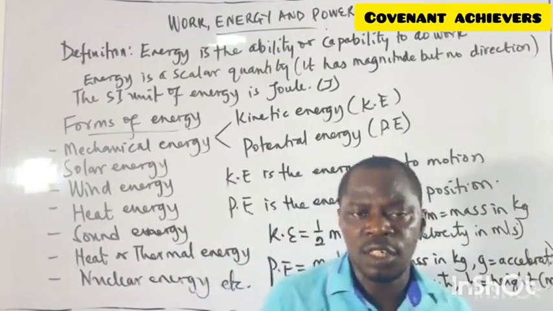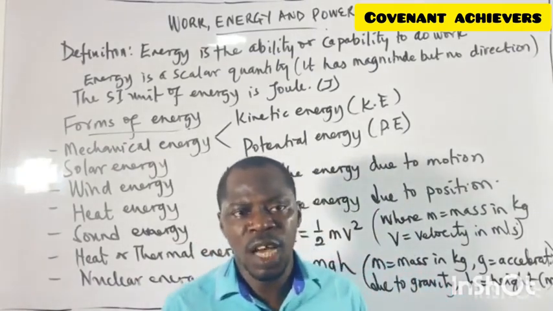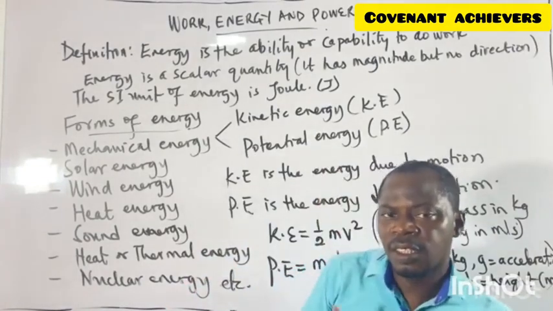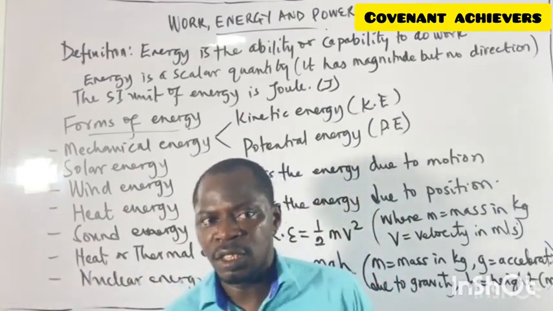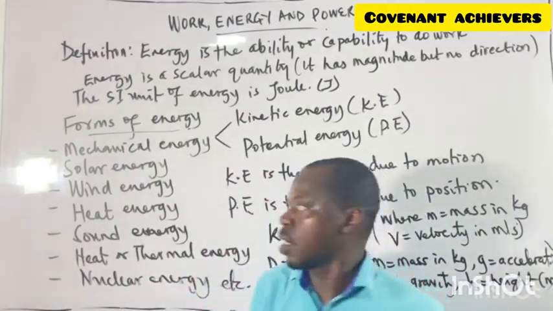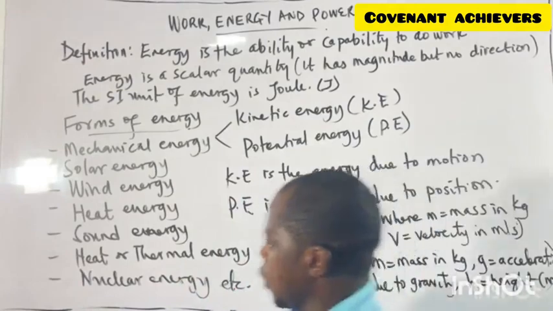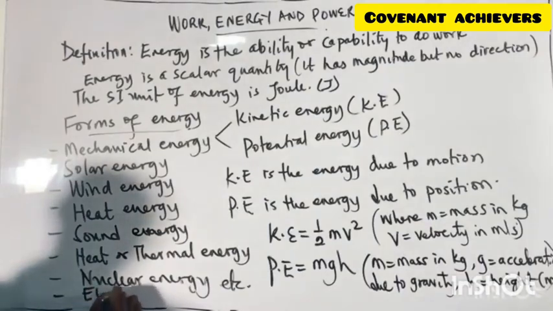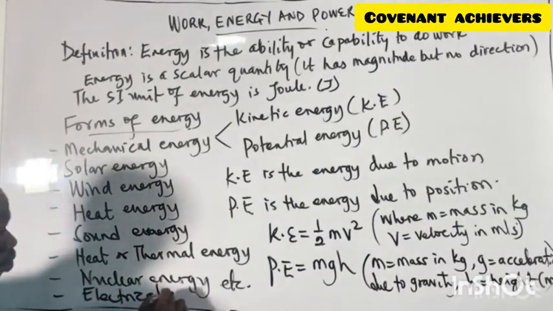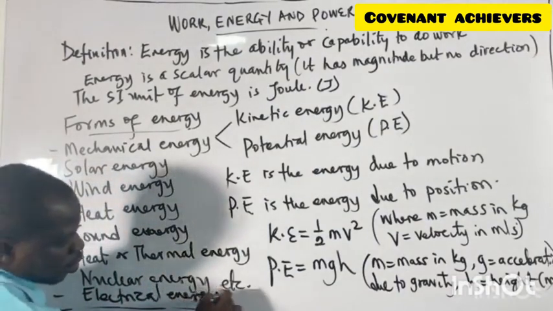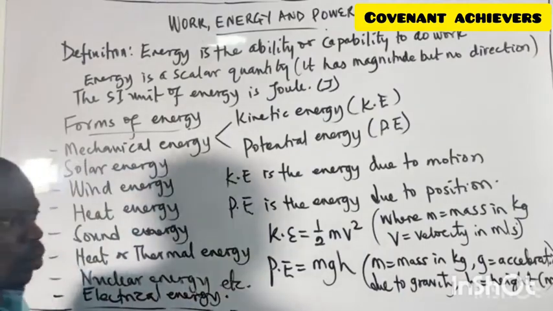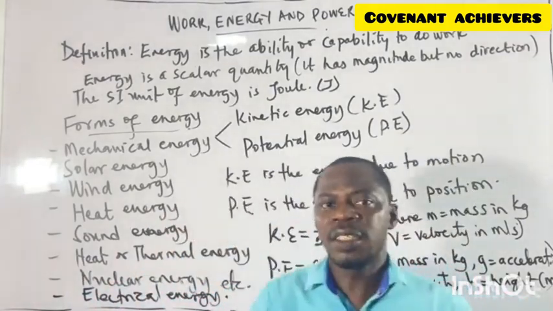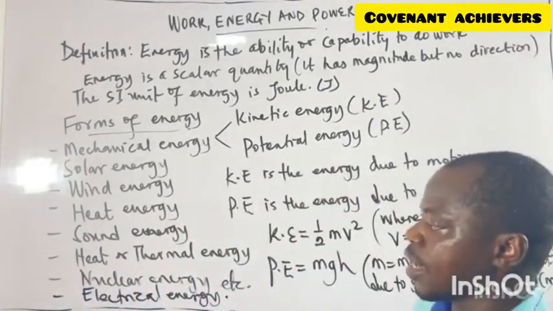Taking for instance, your electric iron. What happens in the electric iron is that it converts the electrical energy into heat energy. You can see that electrical energy is even part of the forms of energy. The bulb that you use, the electrical energy is converted into what? Light energy.